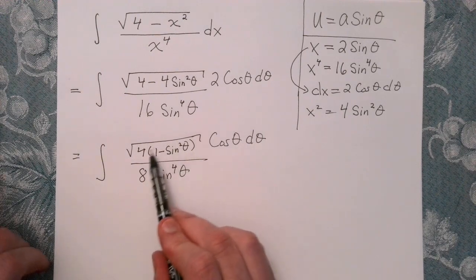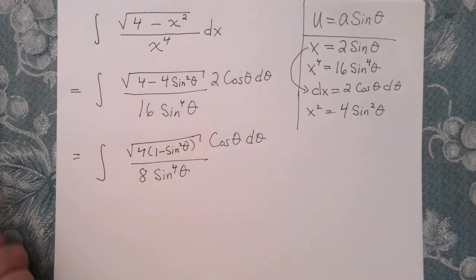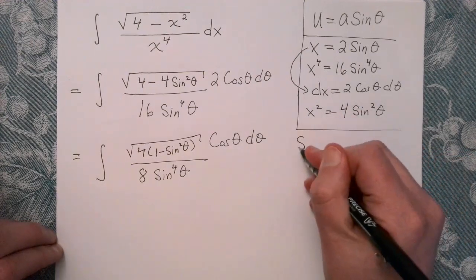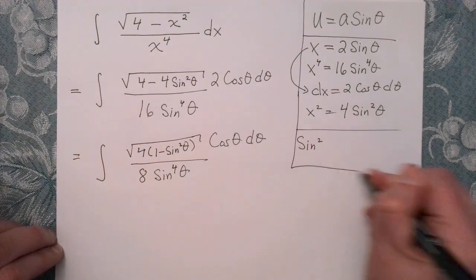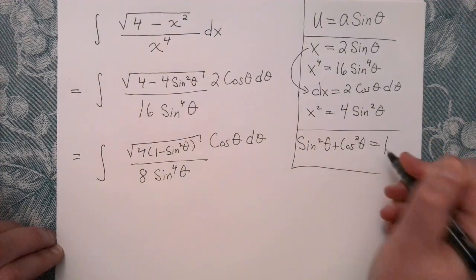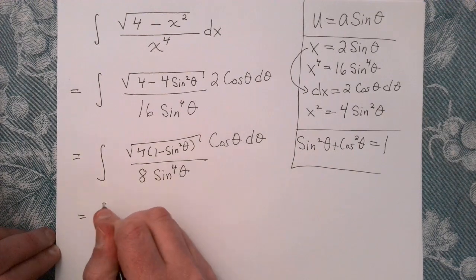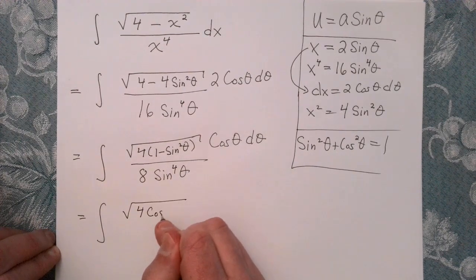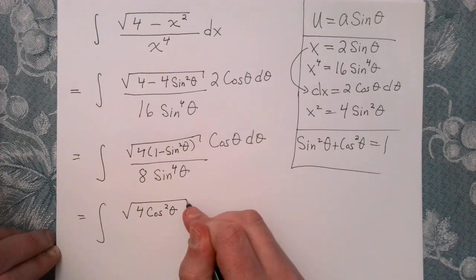So now there's a Pythagorean identity I can use because we all know that 1 minus sine squared of theta is cosine squared of theta by this identity. So that's 4 times cosine squared of theta.